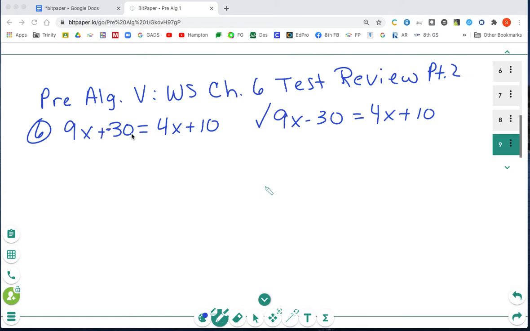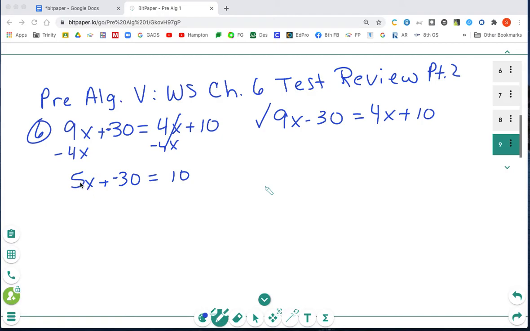And now we're going to zero pair out the 4x. So those are gone. That is going to give us 5x plus negative 30 is equal to 10. Is the variable on the left? Yes, it is. Is it first?